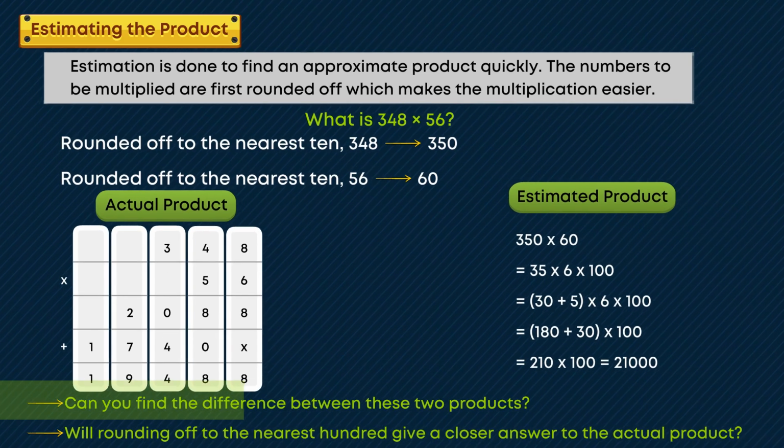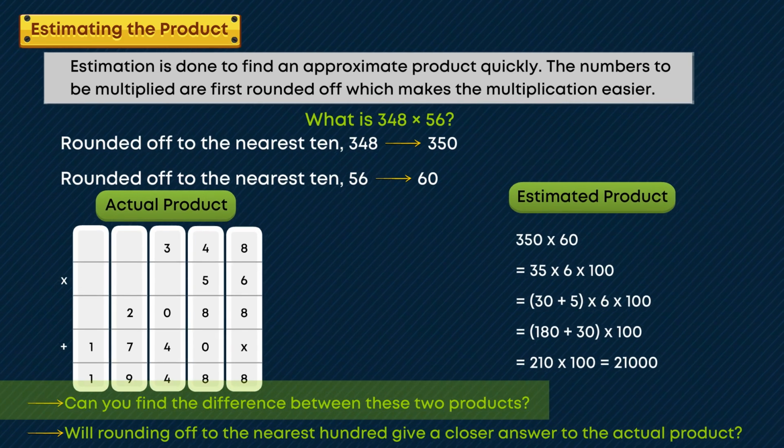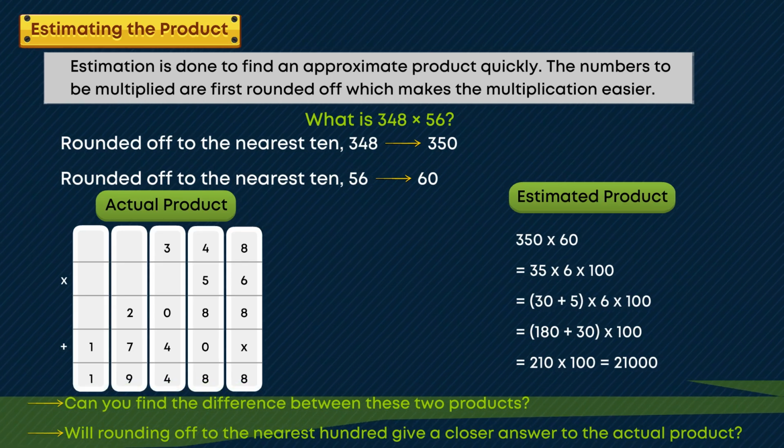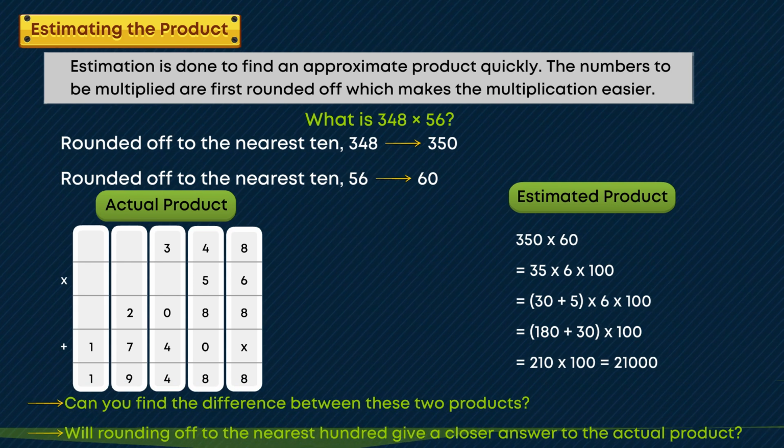Can you find the difference between these two products? Will rounding off to the nearest 100 give a closer answer to the actual product?